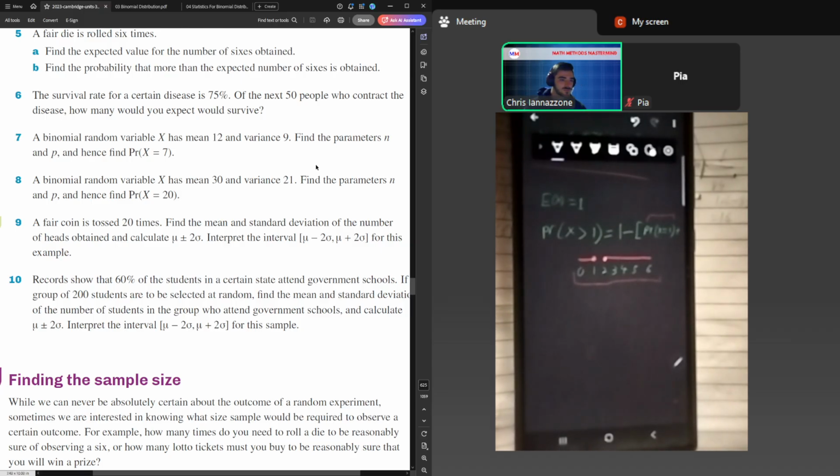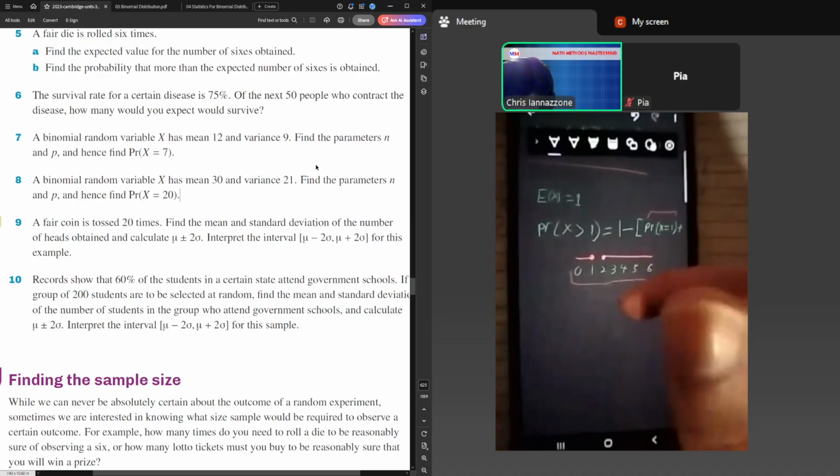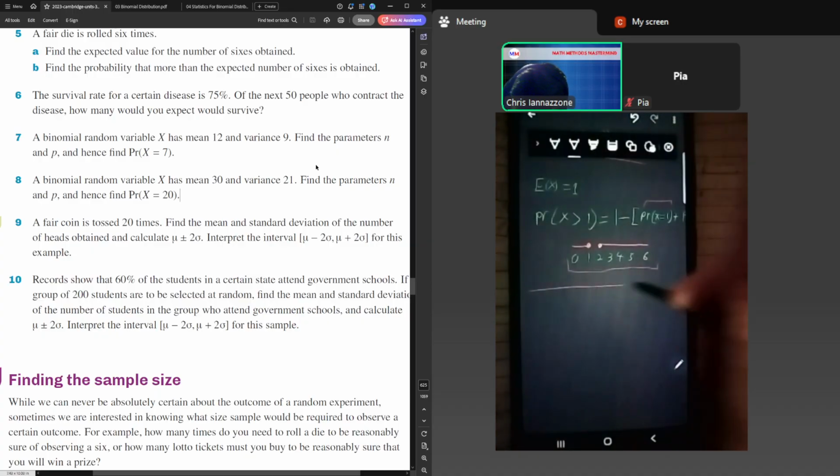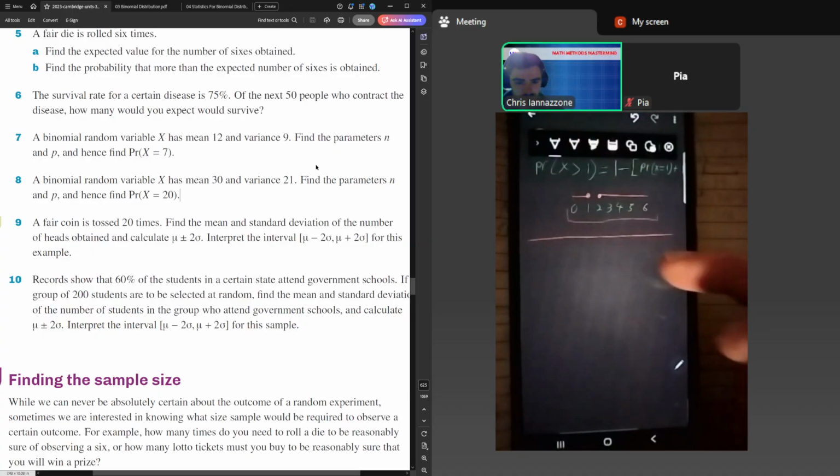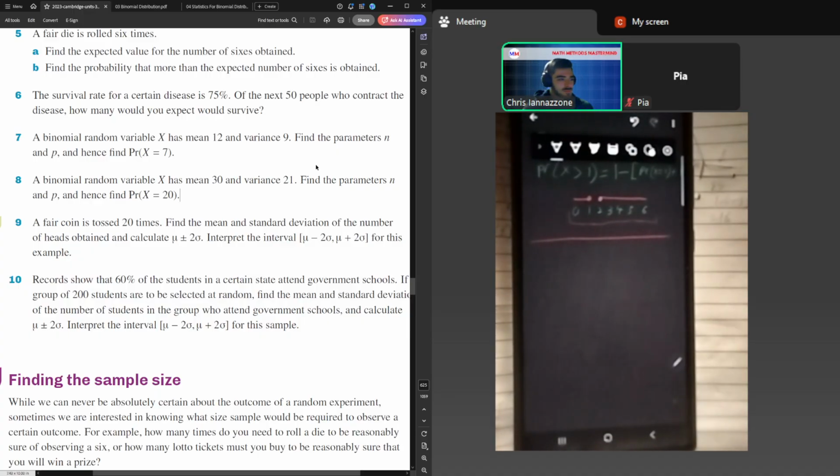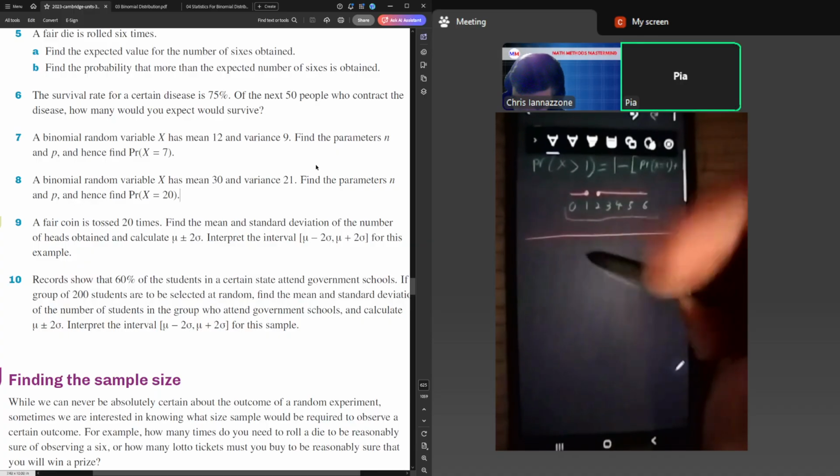We've got a mean of 12, variance of 9. How do we get n and p? Could we go NP equals 12?